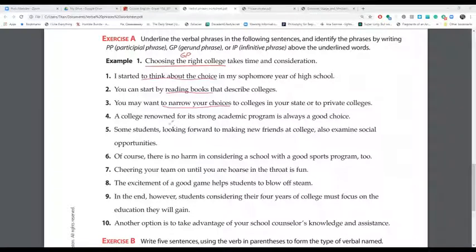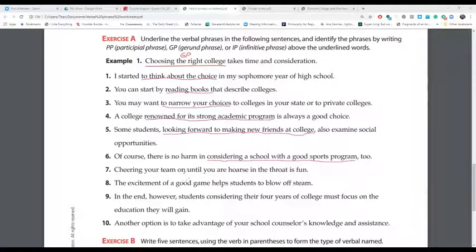Number four, a college renowned for its strong academic program is always a good choice. Number five, some students looking forward to making new friends at college also examine social opportunities.